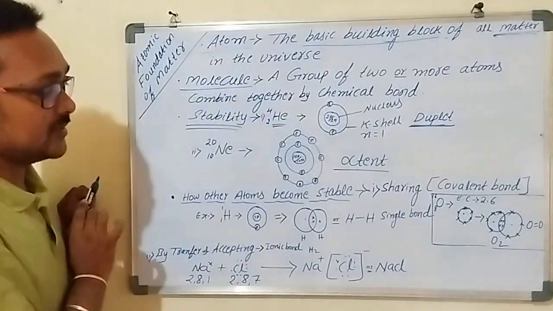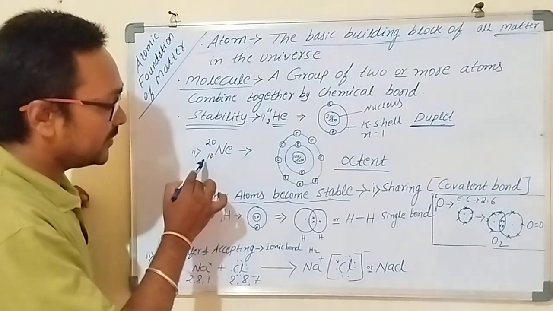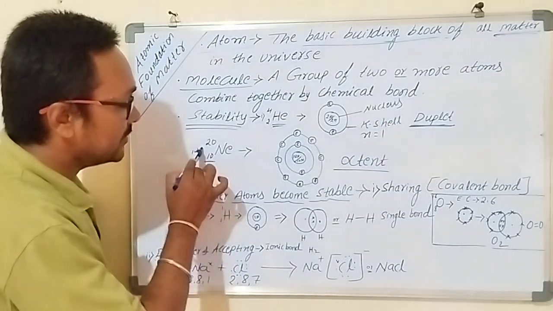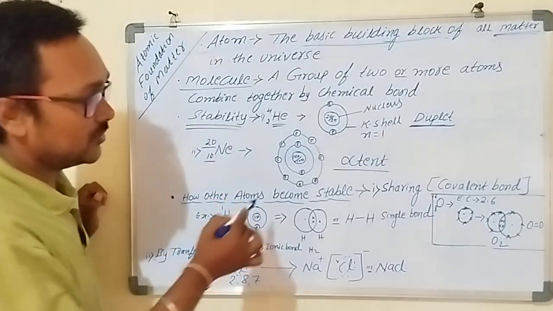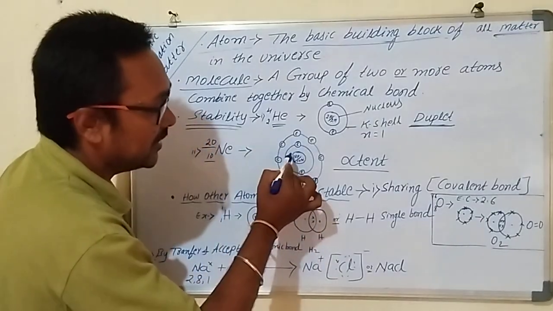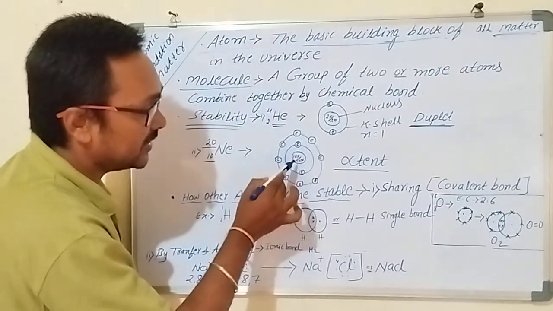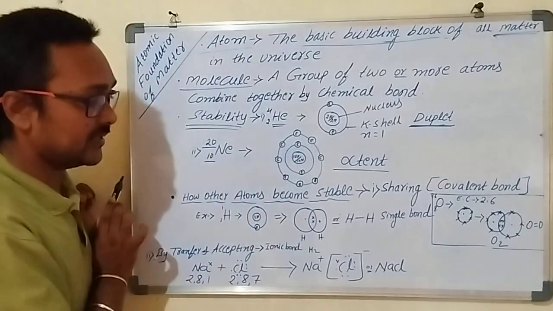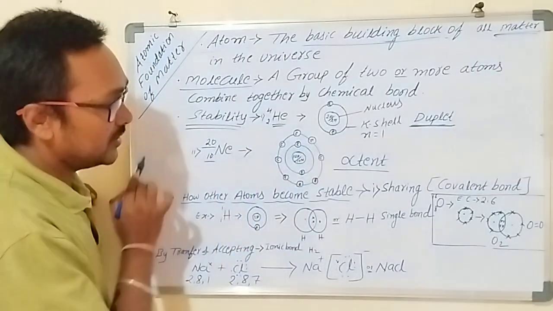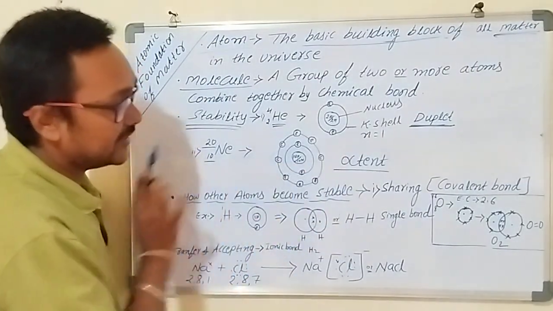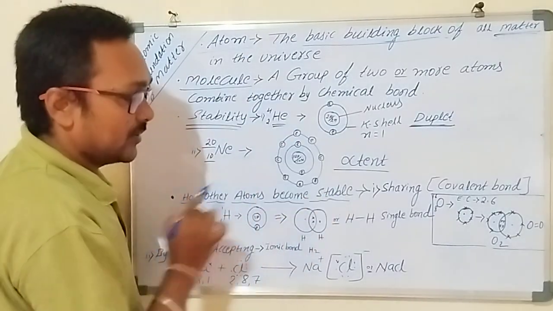Like neon also is there. Now neon's atomic number is 10 and mass number is 20. So already you know its number of protons will be 10, number of neutrons will be 10, 10 plus 10 it will become 20, its mass is 20, and a total of 10 electrons are there in its orbits.